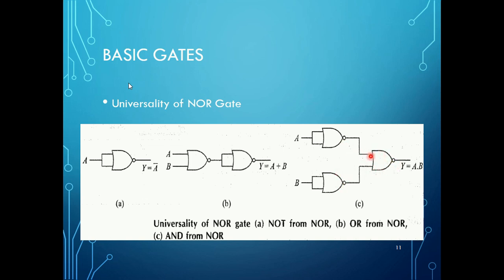So two inputs for the NOR gate, but they come in an inverted manner. It means inverted output you are going to get, because if you provide A here, the output will be A bar. Suppose B, if you provide here, B bar will be the output at this point. So next that will be provided as an input for the next NOR gate, and then you get the Y output.